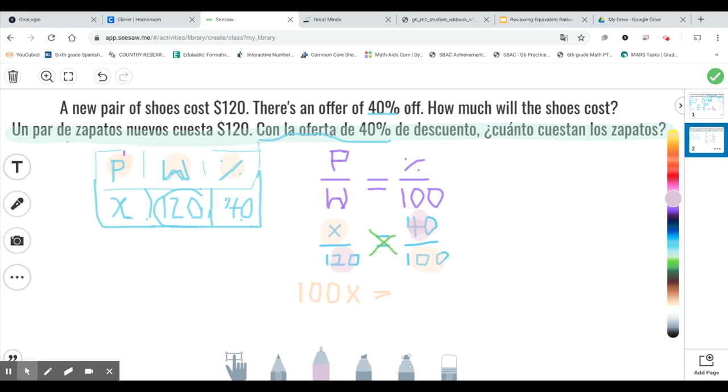When we multiply 12 times 4, that is 48. And we just tack on the 2 zeros. So 100x is equal to 4,800.